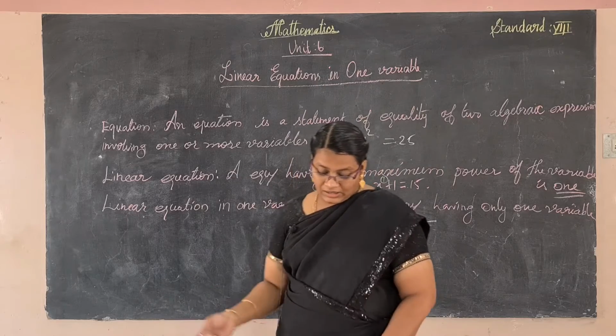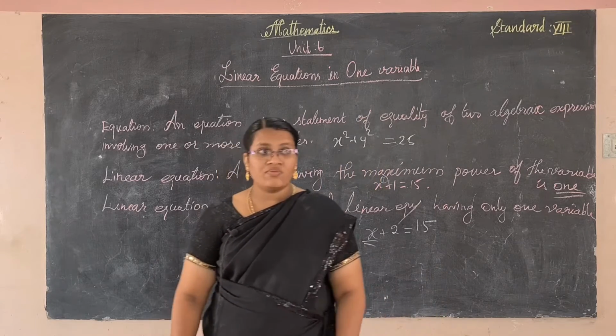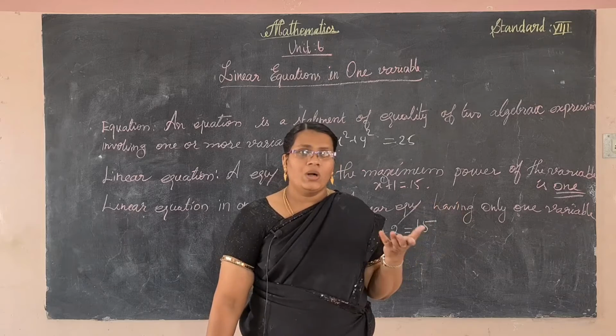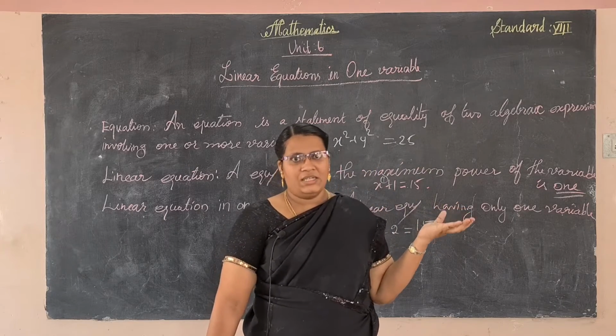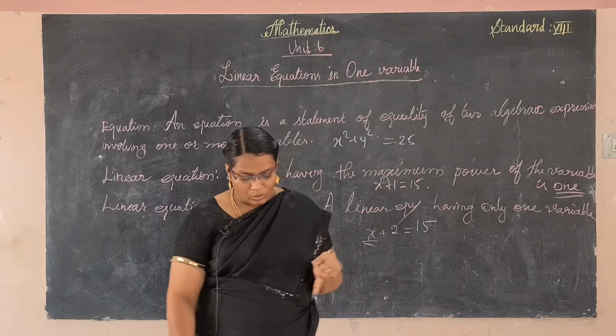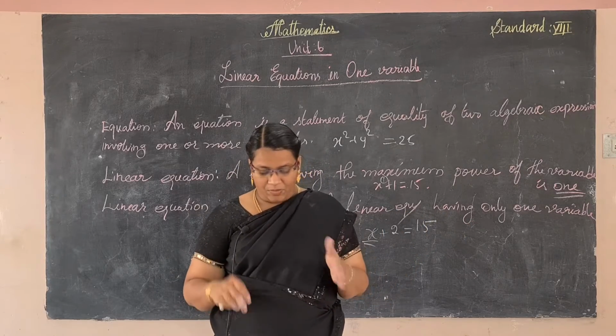These we have already learned, and we also follow some rules for solving a linear equation, already learned in the 7th standard. The first rule: add the same number on both sides.